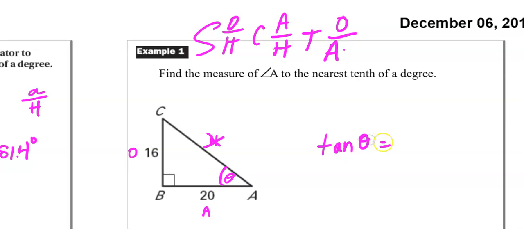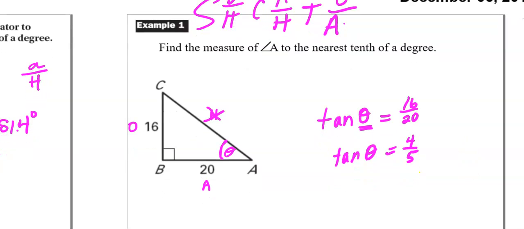The angle always goes with the trig function. So we're looking for the angle. It's opposite over adjacent, so 16/20. If you were quick enough, you don't have to, but if you knew that was 4/5, you could do that. Or we can make it a decimal, and we could even write tan of theta is 0.8.